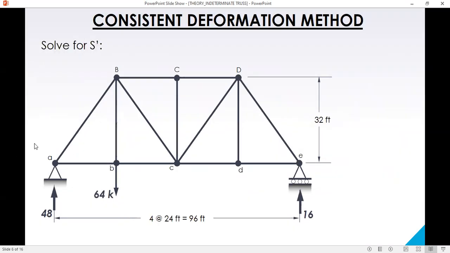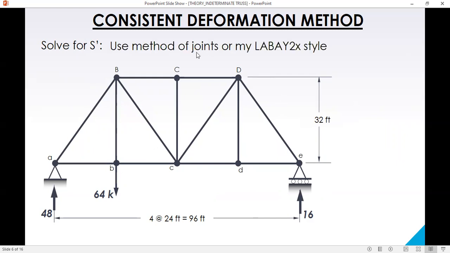Okay, so we'll solve for S prime. Now S prime refers to the force of the members due to the real load, assuming the redundant is removed. But this is not the true value of the force of the member.